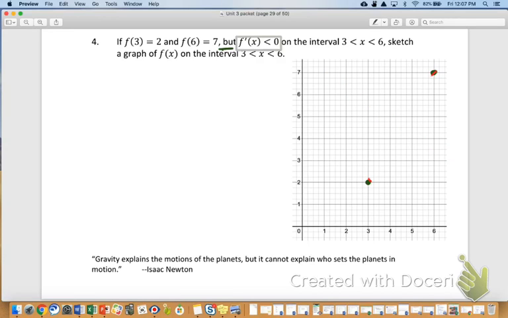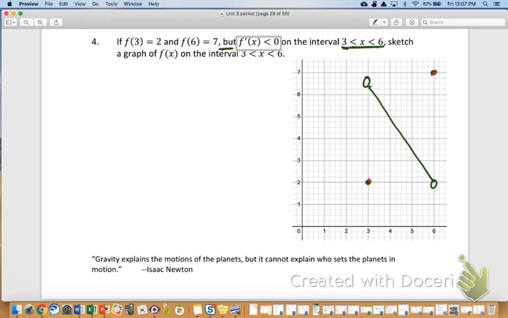The key to this is recognizing that f prime is indeed negative, but it's on the open interval from 3 to 6. So I'll give you an example of what the graph could look like. Open circle on 3, steadily decreasing to 6, to x equals 6, and then another open circle there.